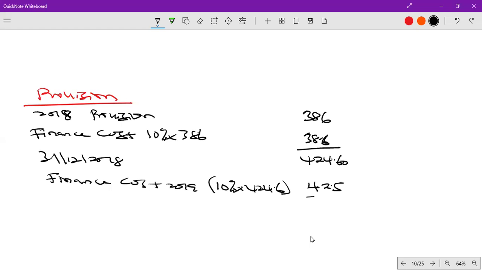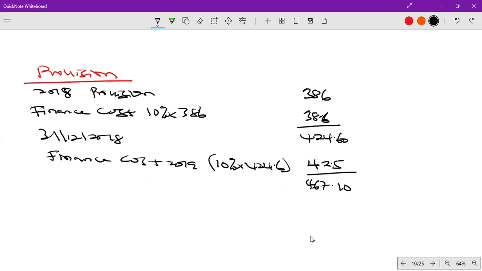So what will be the carrying amount at the end of 2019? 467.1. 467.10. All right.